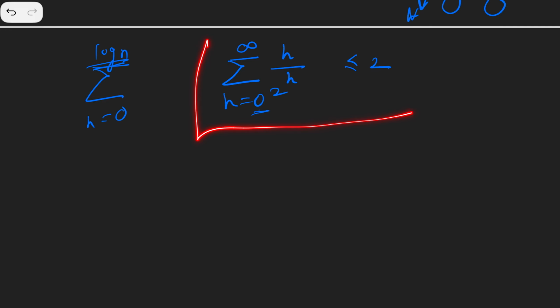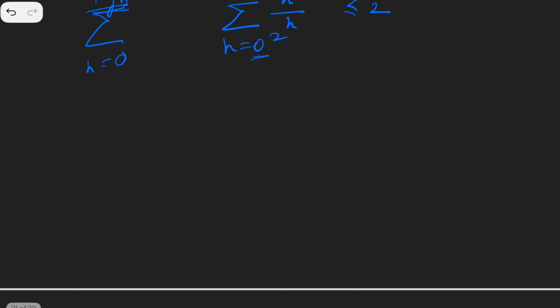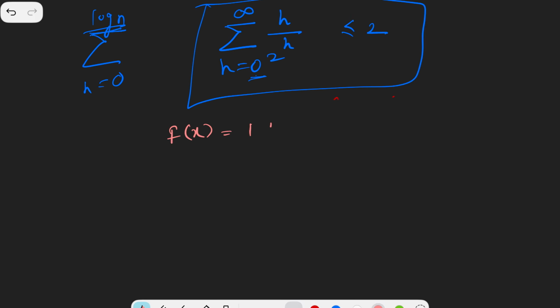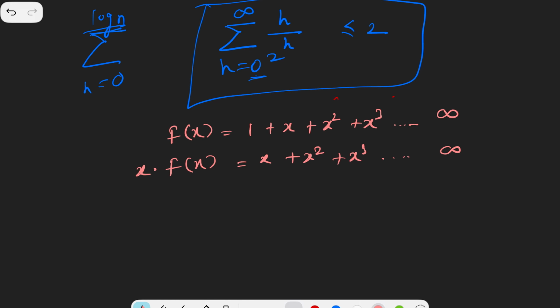Surprisingly, the proof of this comes from the summation of GP. So let's say f of x is 1 plus x plus x power 2 plus x power 3 dot dot infinity. This is summation of GP. Let's multiply both sides by x. So you will have x, x power 2, x power 3 till infinity.